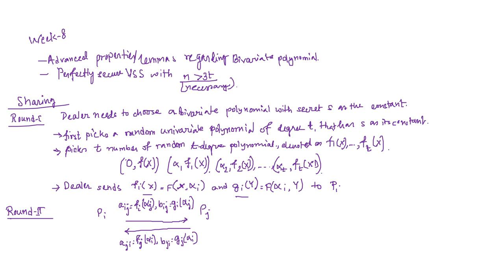Then in round 3, it is checked whether their received information is consistent with what they have. That is, Pi checks if Aij is equal to Bji.